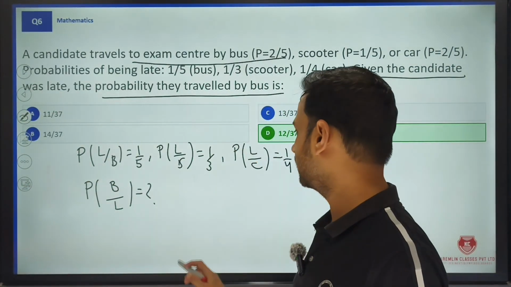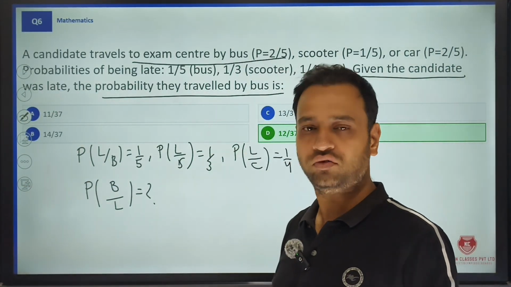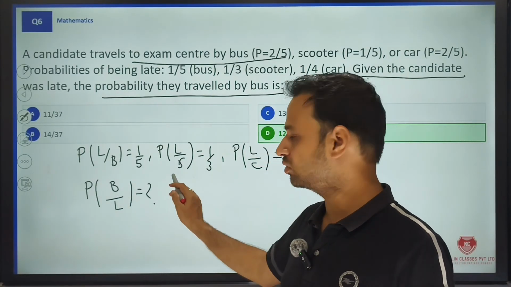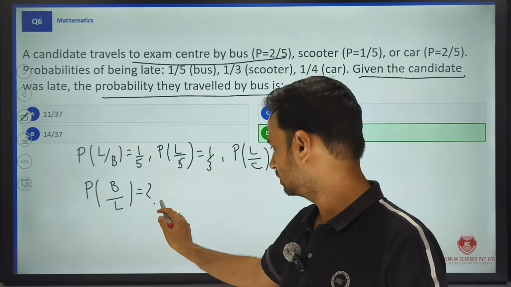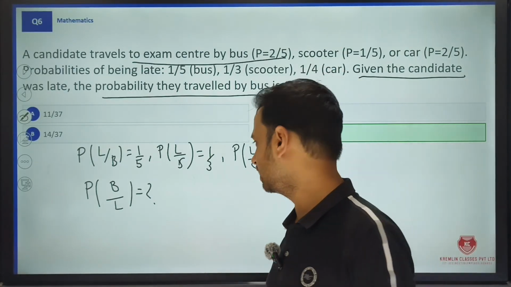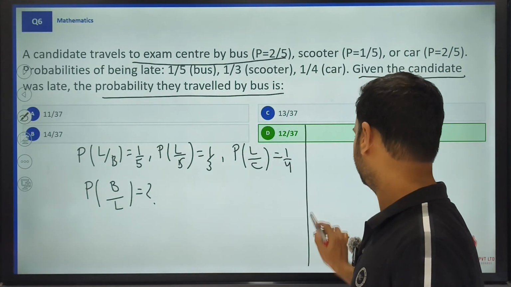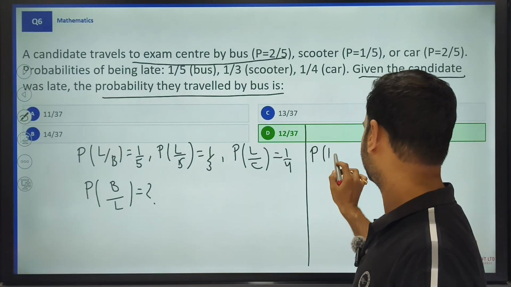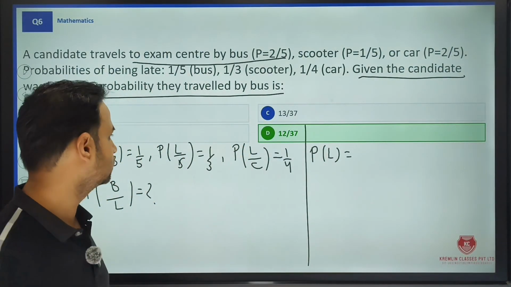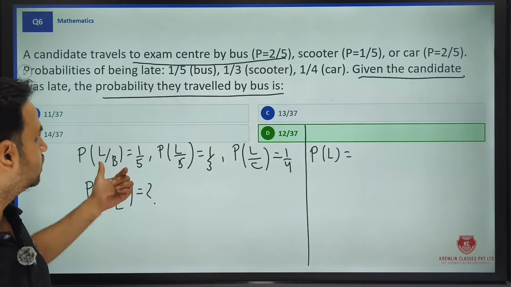For Bayes theorem we have to find out the total probability of late, and the favorable case that he traveled by bus. So we have to find the total late probability. How can we find the total late probability? Probability of getting late by bus.